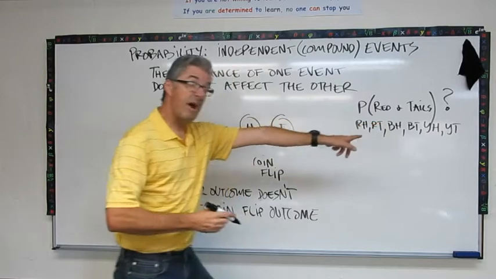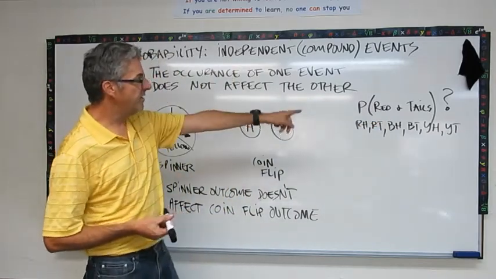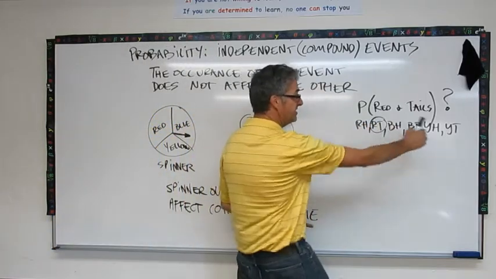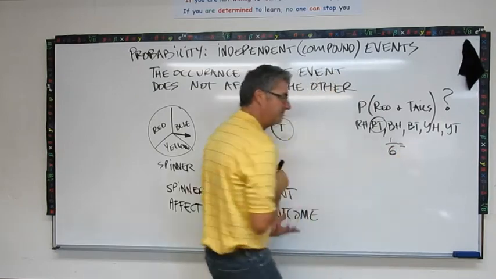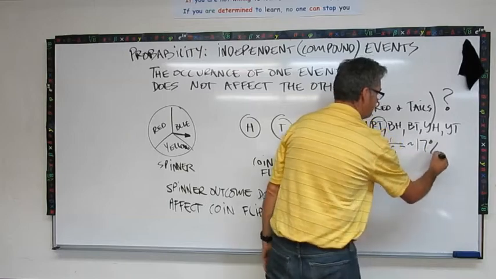So there's 6 possibilities that we could get with this compound event. We wanted red and tails, so that's right here. We have 6 total, so that's 1/6, which is approximately 17%.